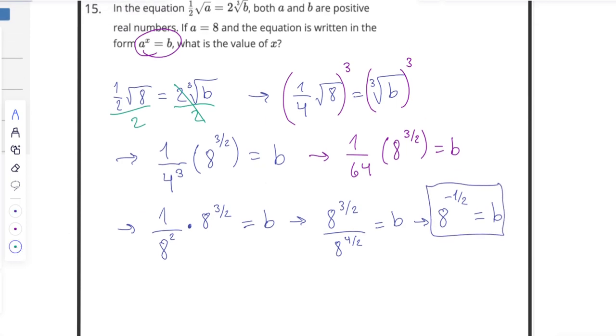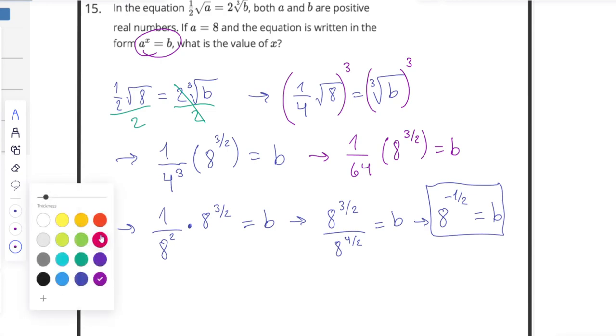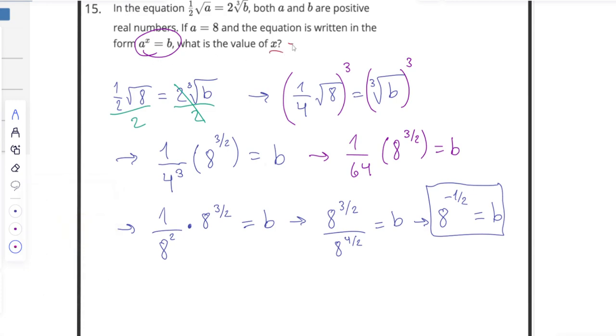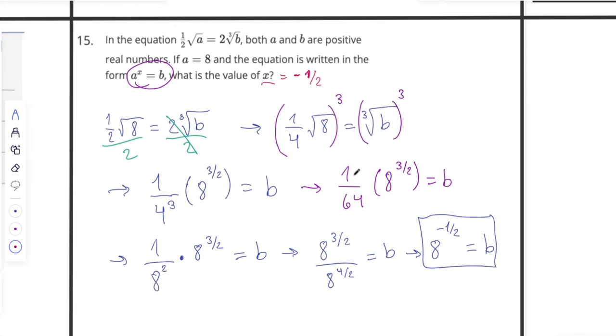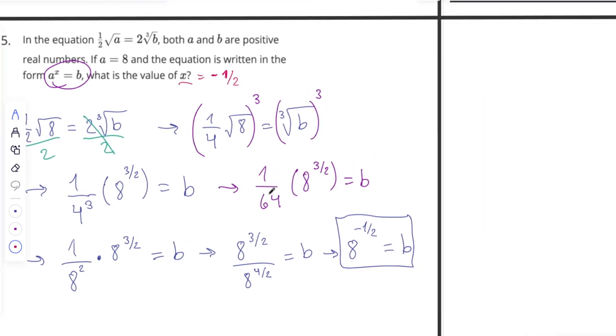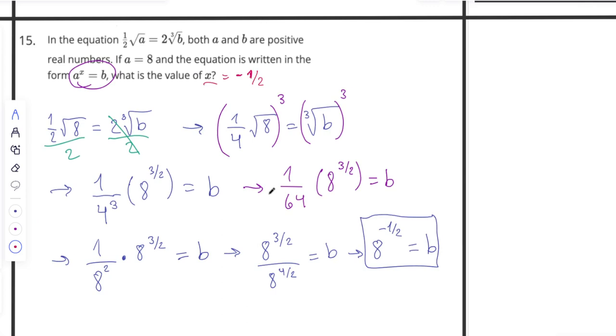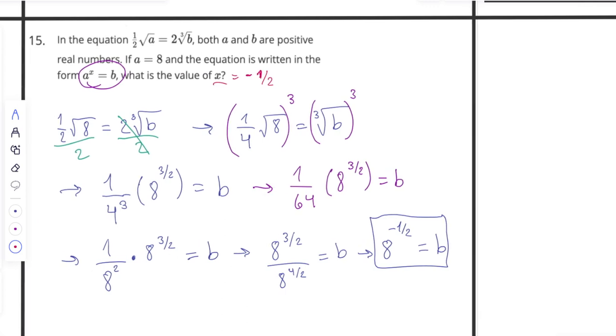If we match it up with the form that was given in the question, then x is equal to negative 1 half. Nice. That was a kind of tricky exponent question, but looks good.